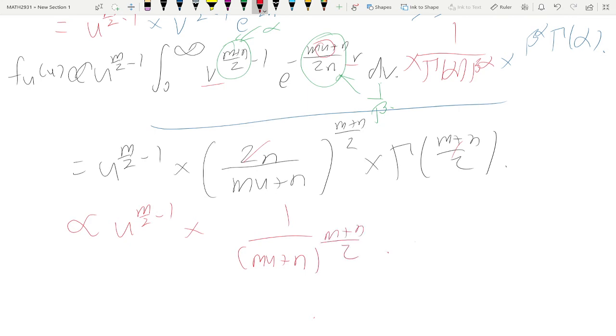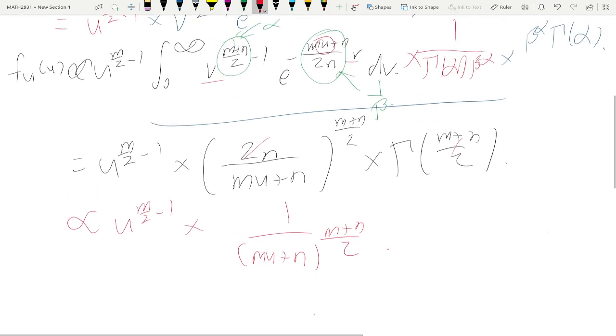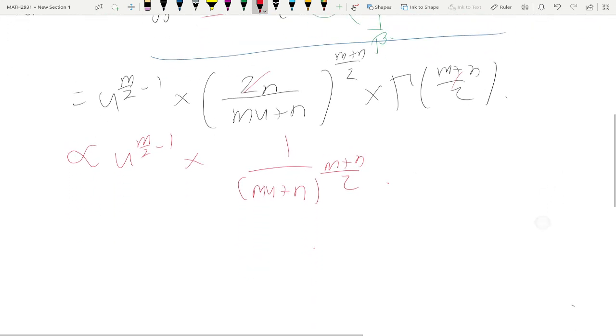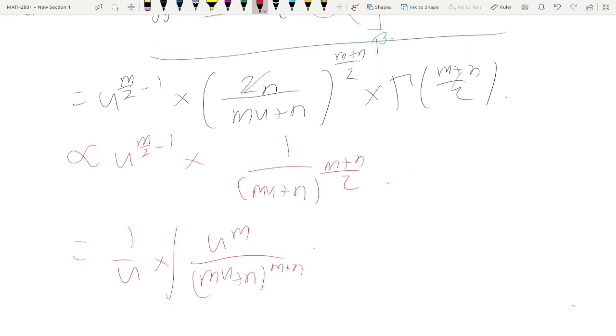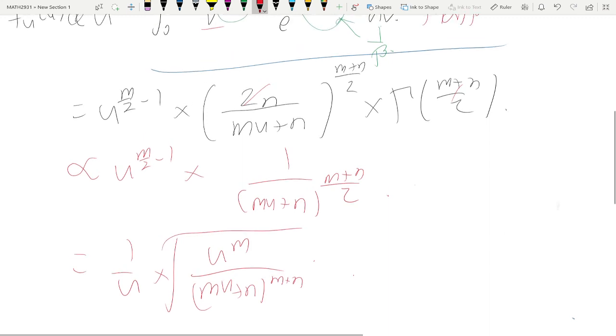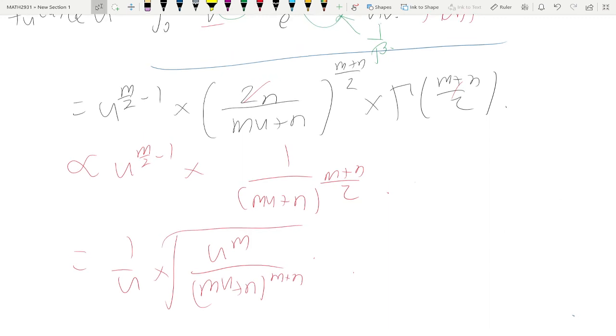If you group things up a little more, 1 on u times m u over mu plus n to the power of m plus n, square roots. This is your functional form, the parts without the constant term that makes it integrate to 1.